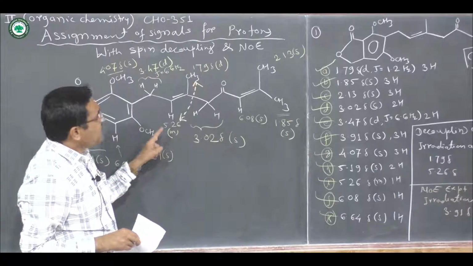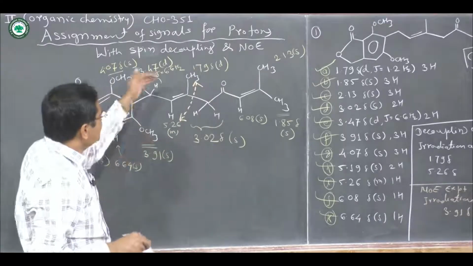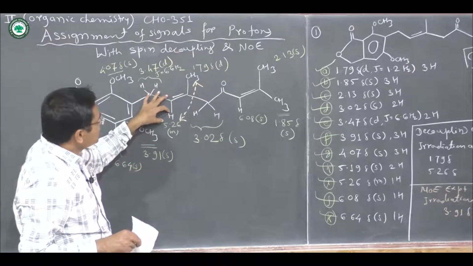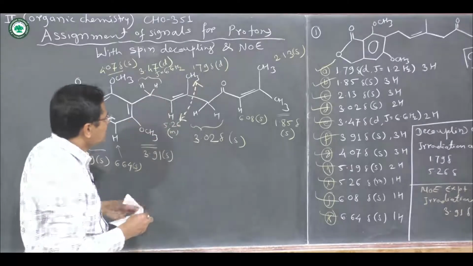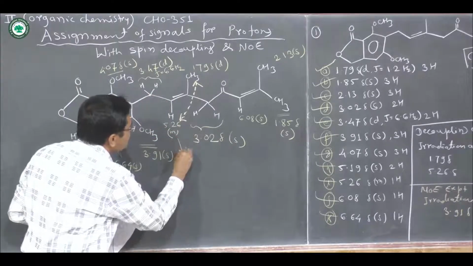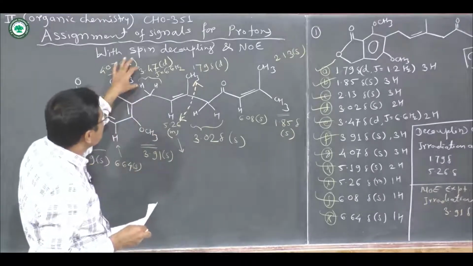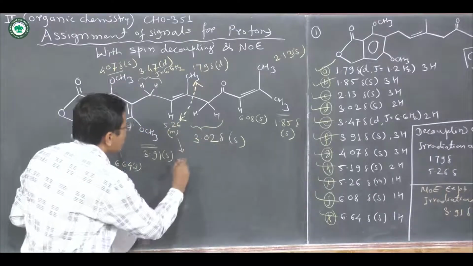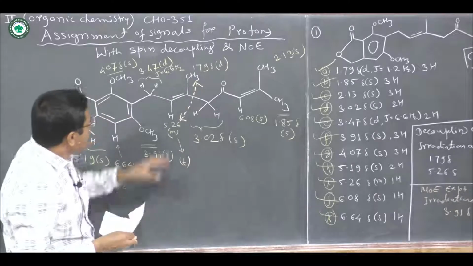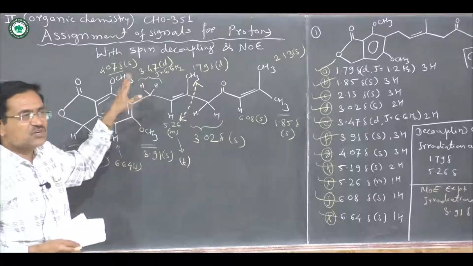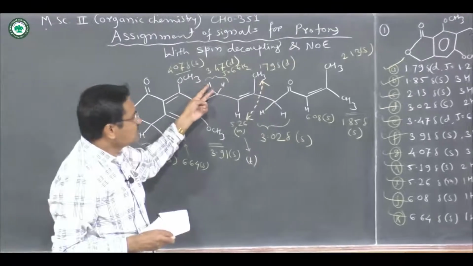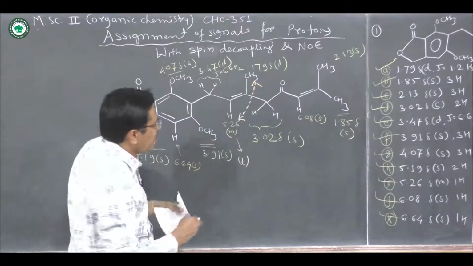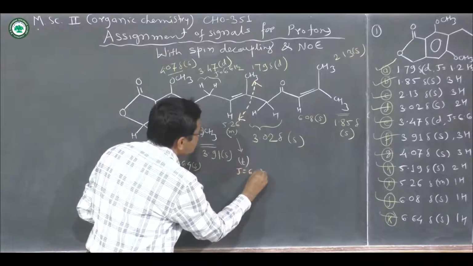Double irradiation means the coupling between this CH3 and this proton disappears, so 5.26 is only coupled with 3.47. Because the neighboring protons are 2, by the n+1 rule the multiplet falls to a triplet with J equals 6.6 Hertz.